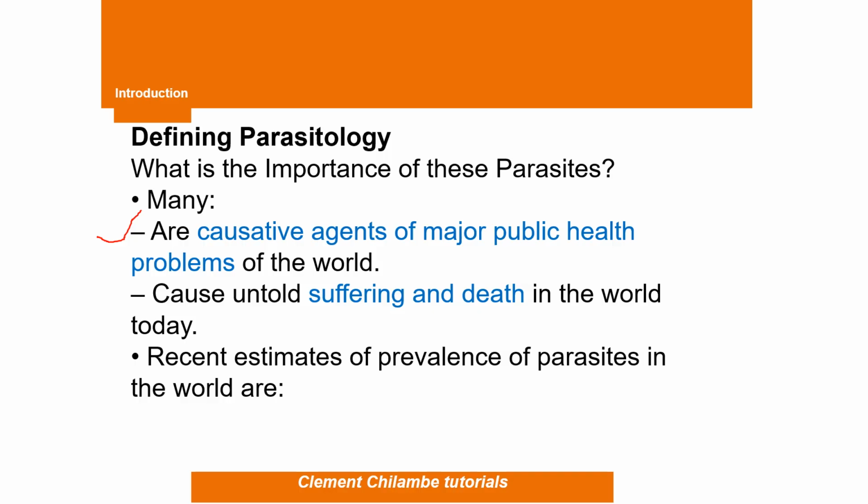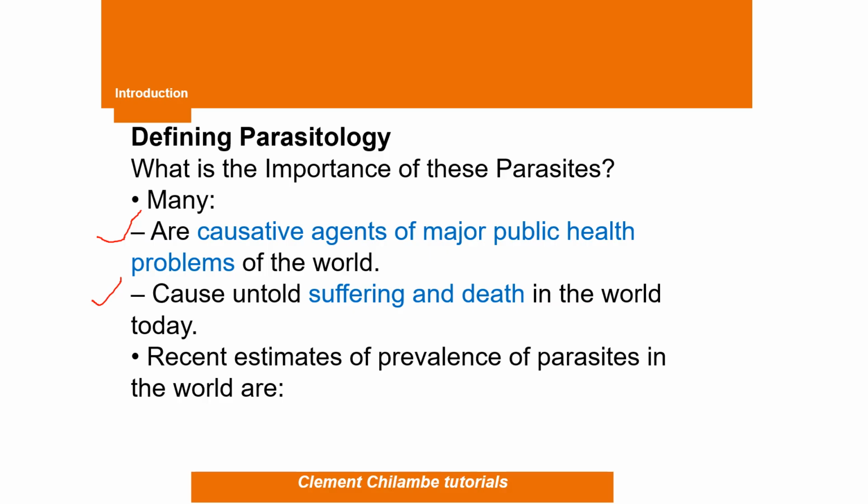It's important to discuss them because they are a major public concern. Two, they cause untold suffering and death in the world today. Because they do these two things, that is being causative agents of major public health problems and causing suffering and death, it's important that we discuss these parasites that are of medical importance.